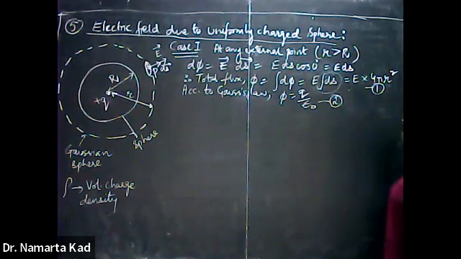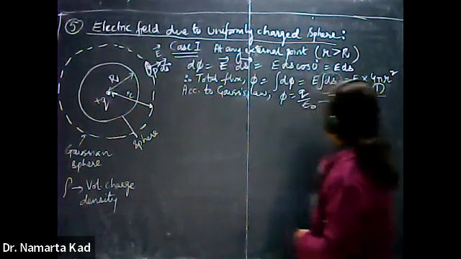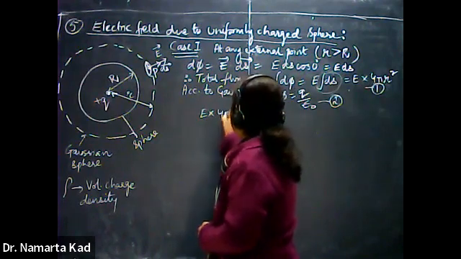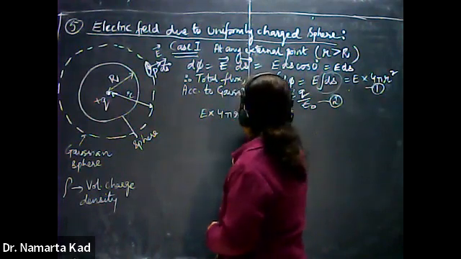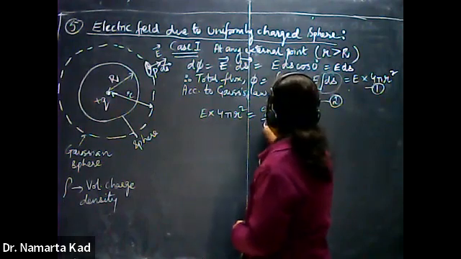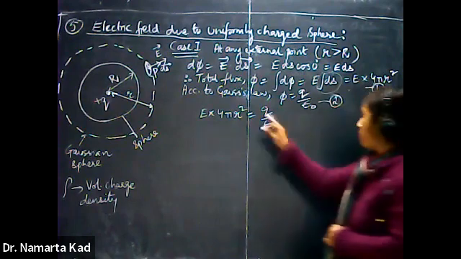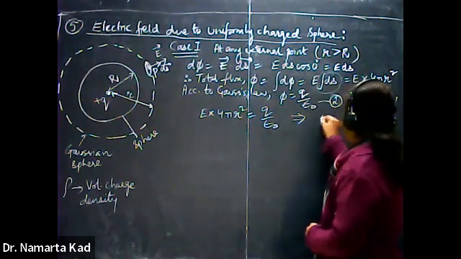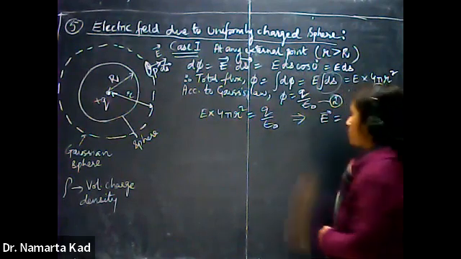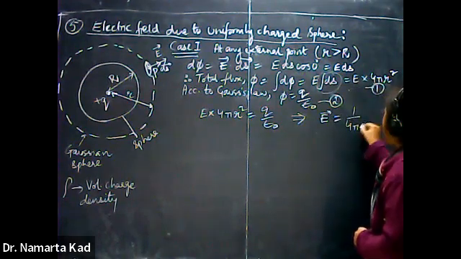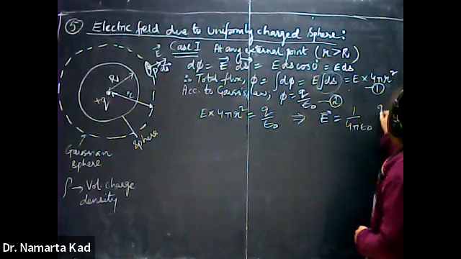Now comparing 1 and 2, we get E into 4 pi r square equals q by epsilon naught. And from here, the formula comes out to be E equals 1 by 4 pi epsilon naught into q by r square.